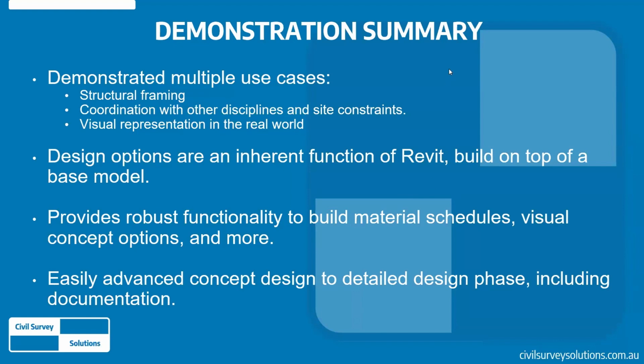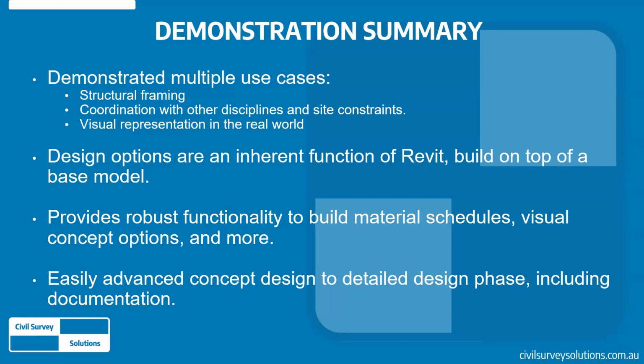Just as a summary of what Asif just ran through, we demonstrated multiple use cases and some really good examples of how the design option functionality within Revit can be used within your structural project. We showed some structural framing at the start, and how you can very quickly and easily create material schedules and cost programming directly out of those concept options.